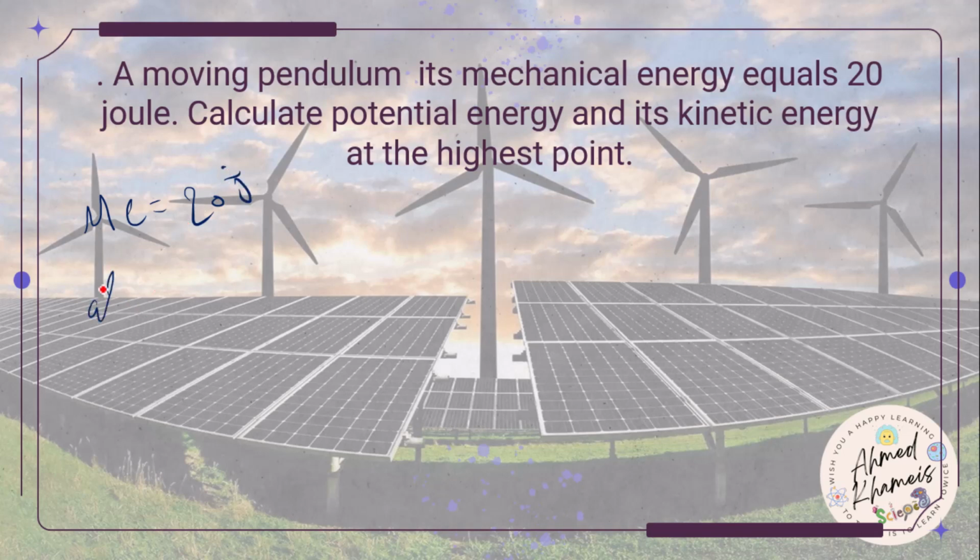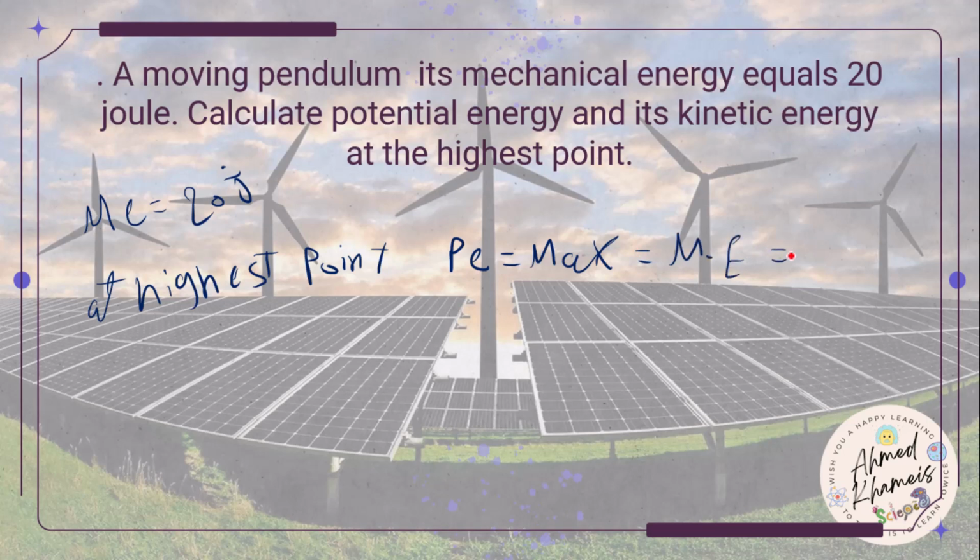So at the highest point, the potential energy equals maximum, equal to the mechanical energy, 20 joule. And at the maximum point, or at the highest point, the kinetic energy equals 0.